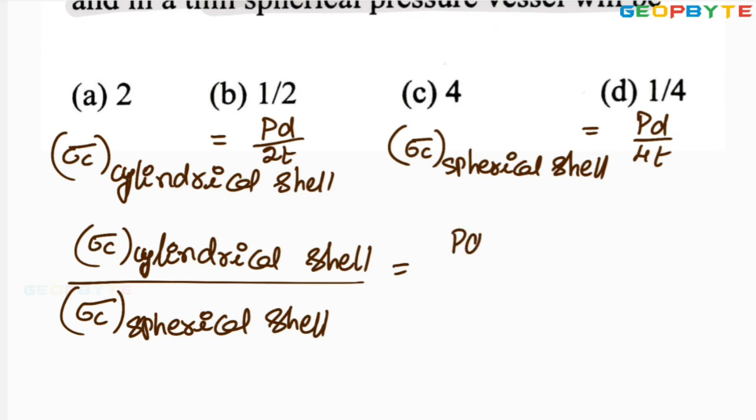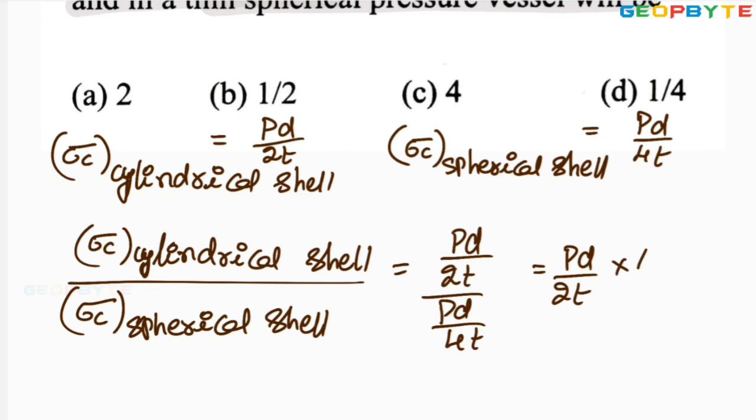It is equal to PD by 2T divided by PD by 4T. So it is equal to PD by 2T into 4T by PD. This PD cancelled, T cancelled. Finally it is 2 times 2. Therefore sigma c for cylindrical shell by sigma c for spherical shell is 2.